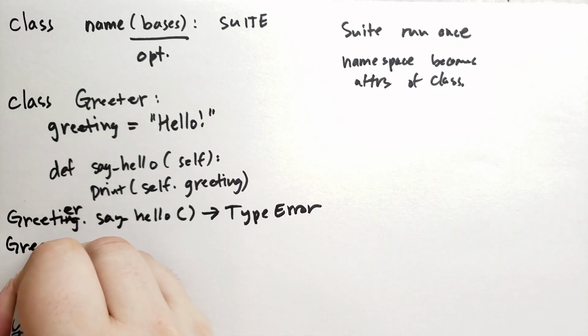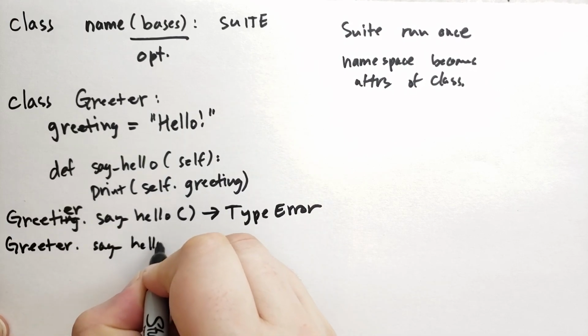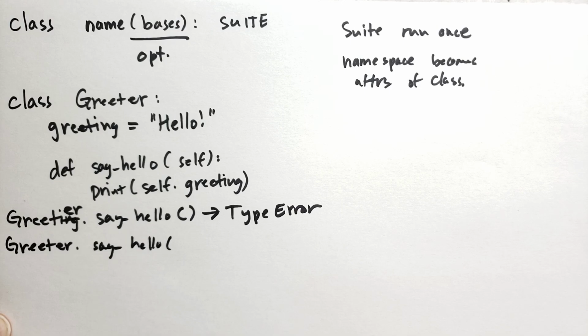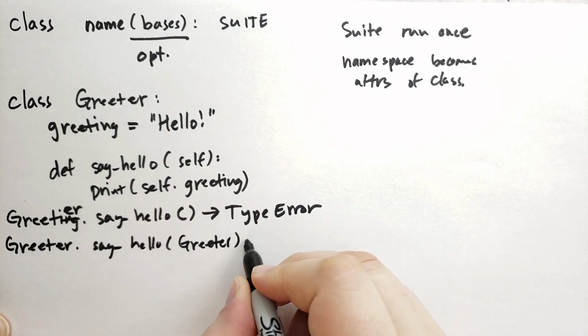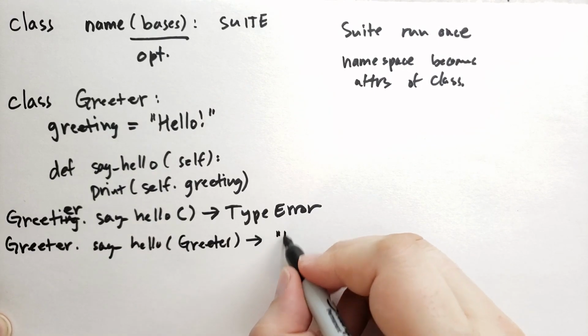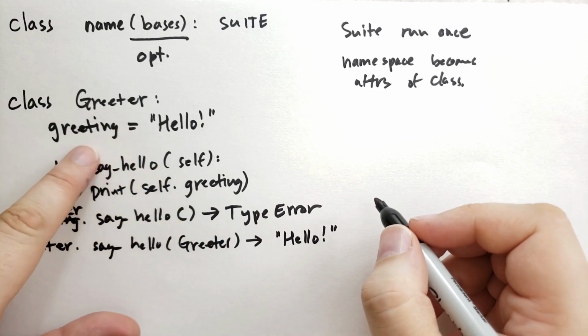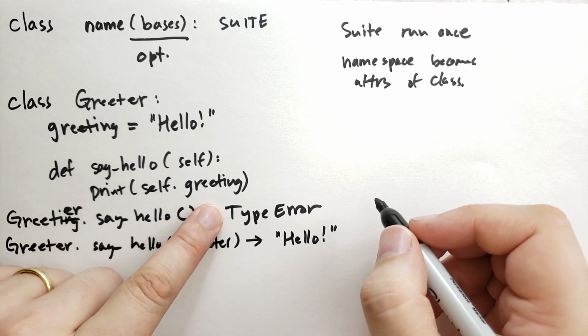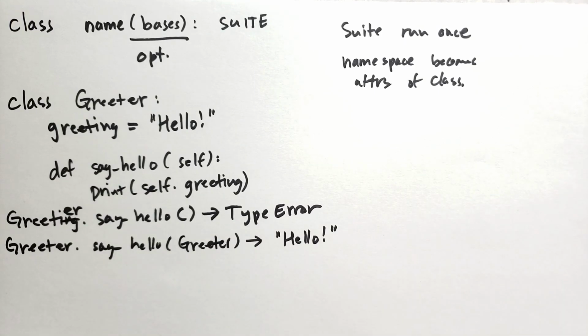So we're going to call Greeter.say_hello. What should we pass in? Well, let's actually pass in the class itself. And so what this is going to do is print hello, because the thing that we passed in has a greeting attribute, self.greeting, that says hello. Pretty straightforward stuff, not very complicated.